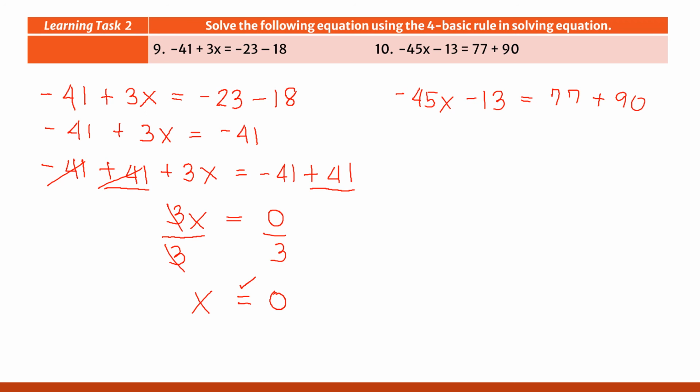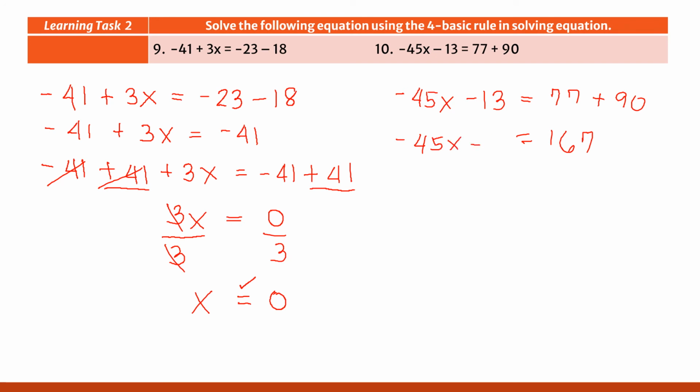Okay? If you notice, dun sa right-hand side, merong tanong na 77 plus 90. And what is 77 plus 90? Well, the answer is 167.